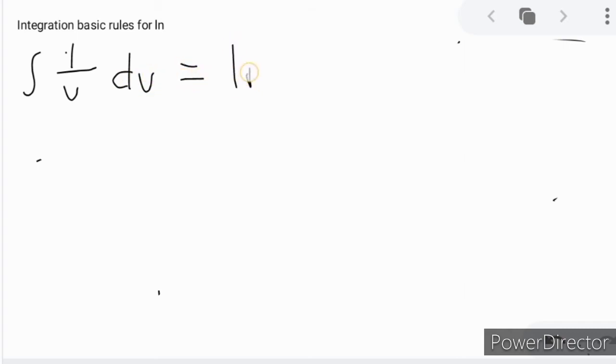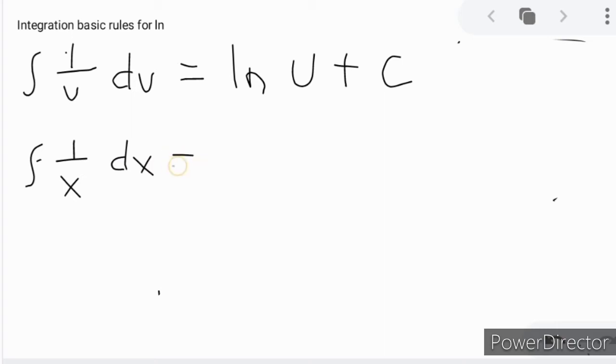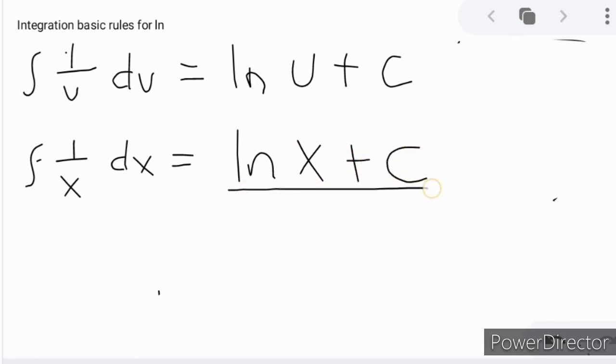And the rule, the answer is ln u plus c. And that is the general expression. Let's apply this expression. Let's say we have 1 over x dx. So our answer is ln x plus c, since the value of u here is x. So that is the answer.